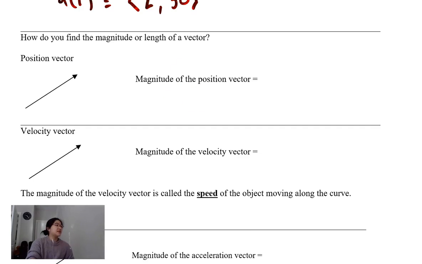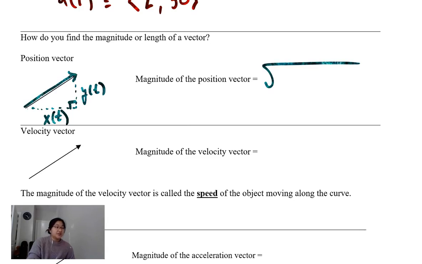So you find the magnitude, or length, of a vector. If you're looking at your position vector, you have a horizontal direction and a vertical direction, which give you a right angle. This is your x of t, this is your y of t, and that gives you your position vector. The magnitude of that is the square root of x of t squared plus y of t squared.